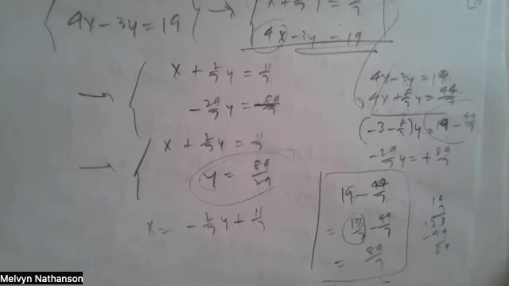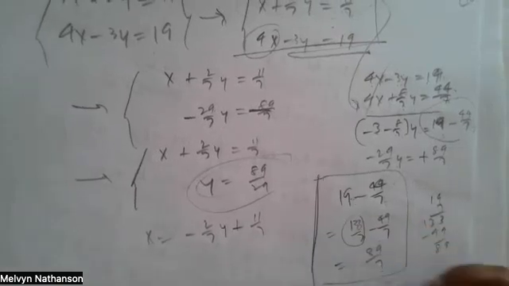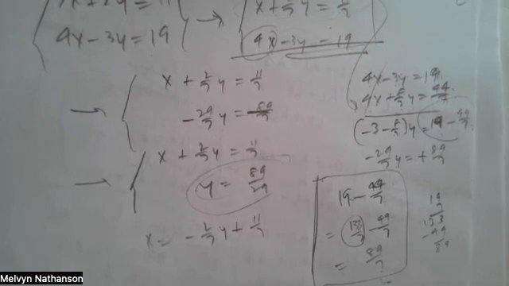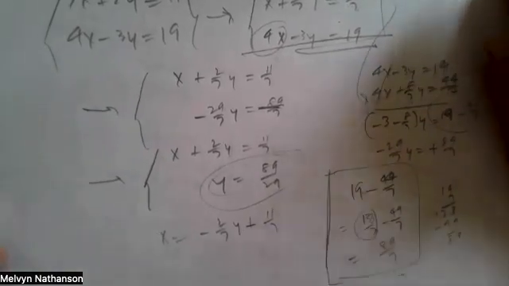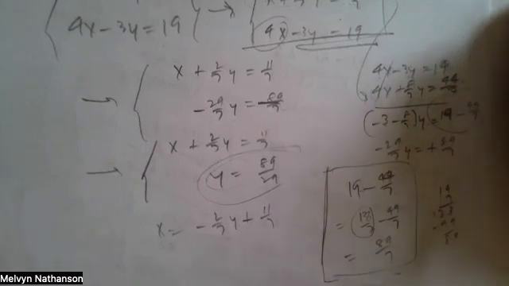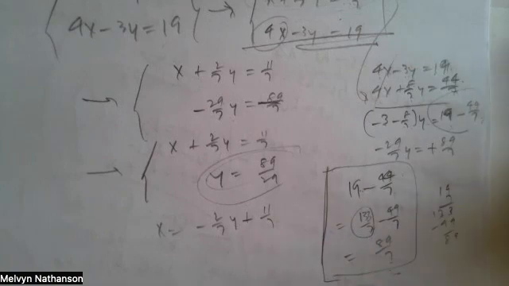Well, you multiply 19 by 7 to get the common denominator 7. 19 times 7 is 133. Okay, now I understand. But if you're not used to doing arithmetic, then in linear algebra, you'll get used to doing arithmetic. You have to solve the problems.